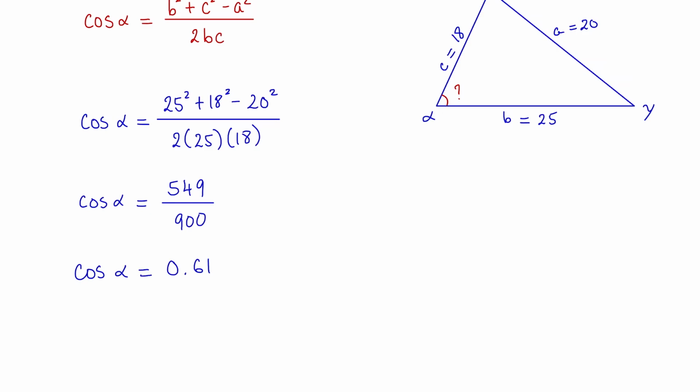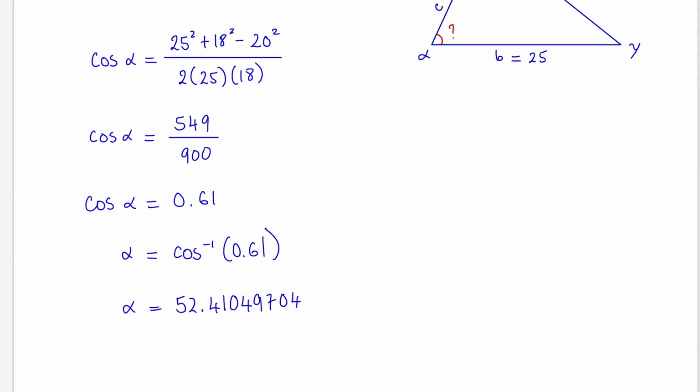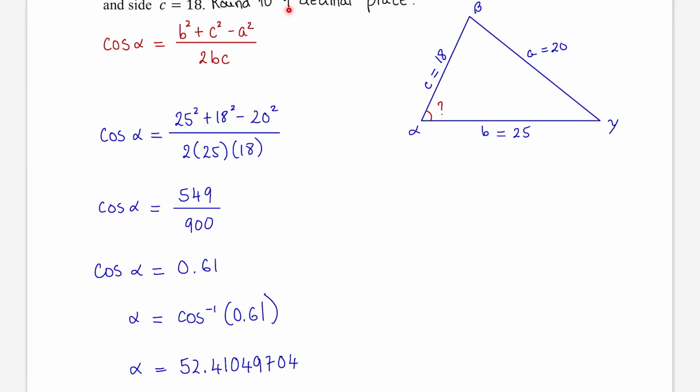To solve for alpha, I'll take cosine inverse of 0.61. Cosine inverse of 0.61 is 52.41049704. And the question asks to round to 1 decimal place. So I have 52.4 degrees.